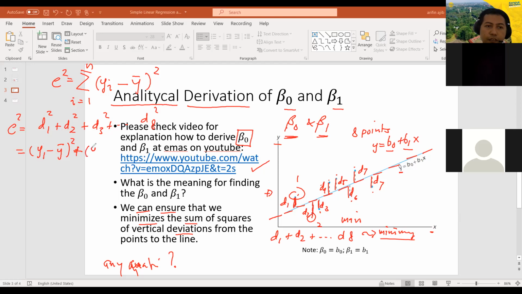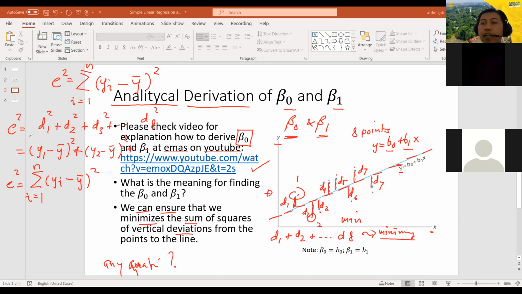Yes, this is Y, this is the average, and then we can make a compact formula: E equals the sum from 1 until the total number of data, where this is Y for each point, and this is the average or estimated value. Yes, something like that.